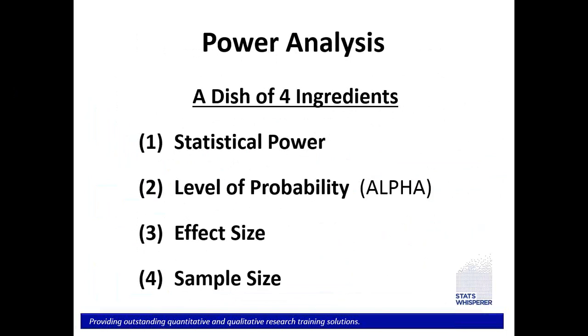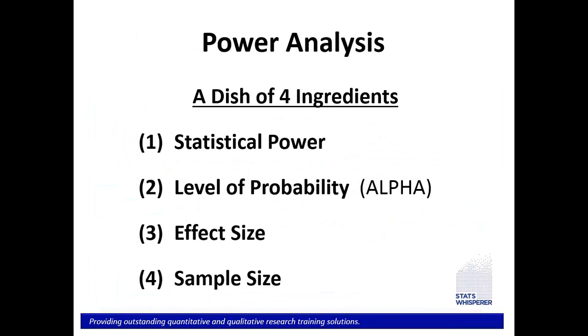Okay, more food analogies. So we could say that a power analysis is a dish with 4 ingredients, right? The first ingredient is statistical power, which we talked about. The second is level of probability. The third is the effect size. And the fourth is the sample size, right? So these are the factors involved in the power analysis.